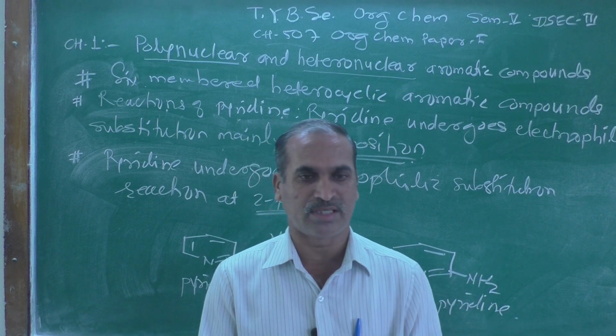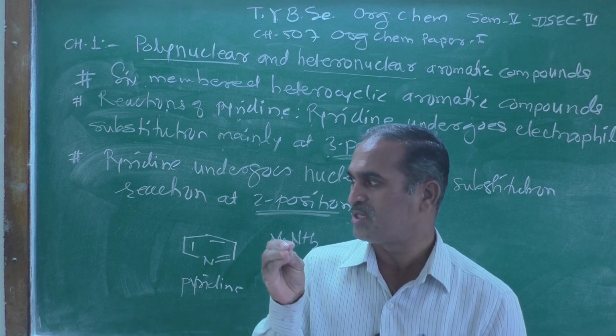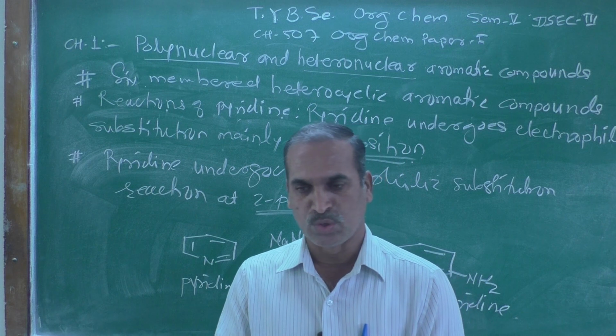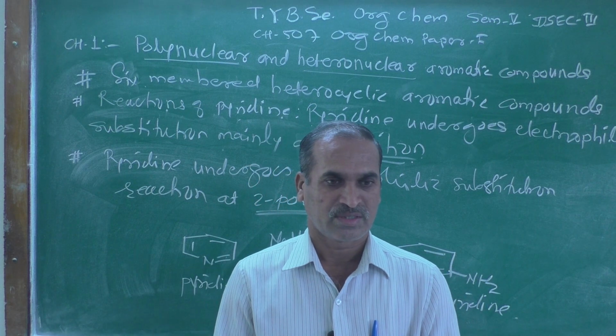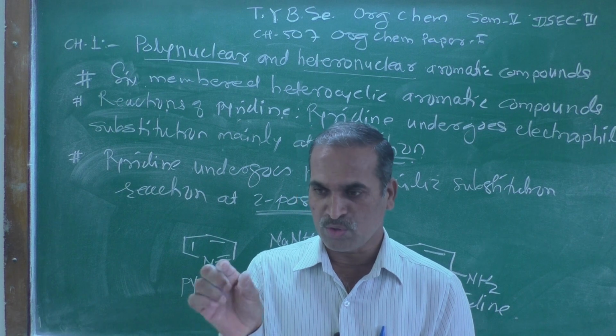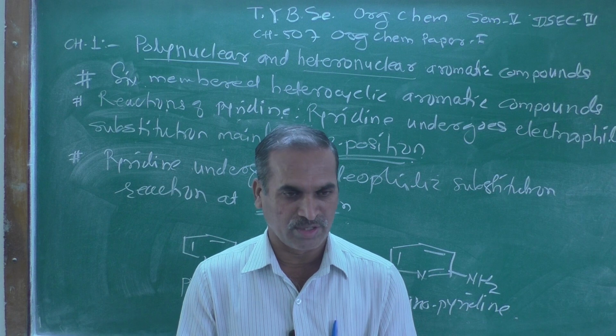And after that, hetero means different, nuclear means again cyclic compound, with heteroatoms such as oxygen, nitrogen and sulfur.